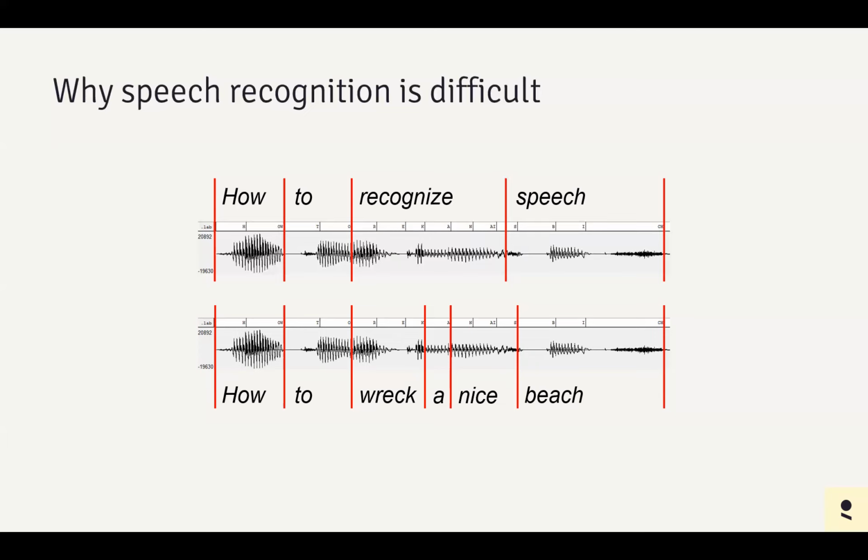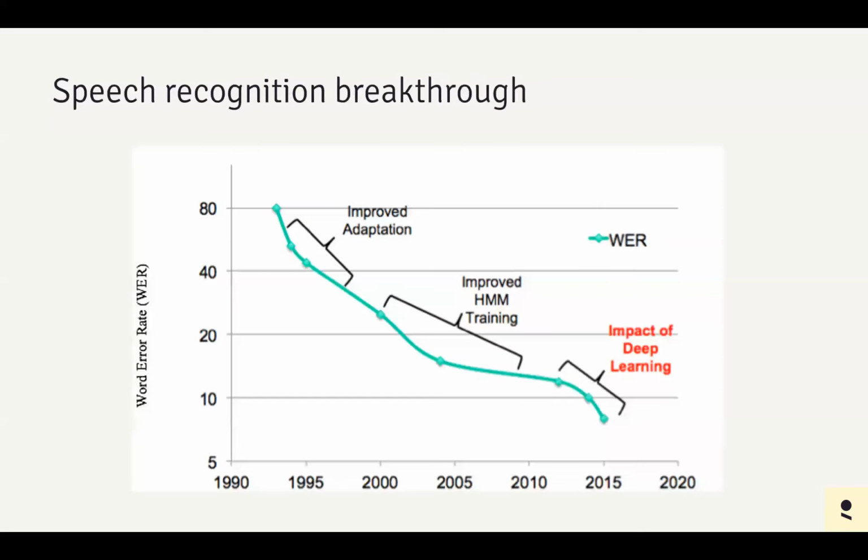If we don't know anything about the context, we probably think that the first version here is more likely. But in a given context, maybe the other one would be more likely. So this is a fundamental, very tricky problem to solve for speech recognition. You have to map the audio to words, but you also have to figure out what is likely to say. What is a person likely to say?